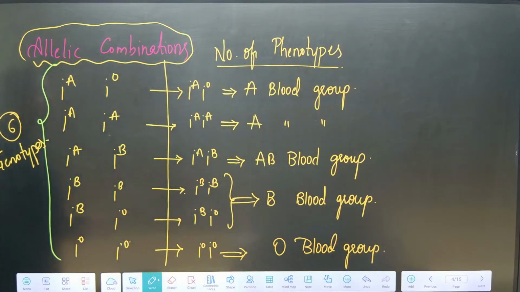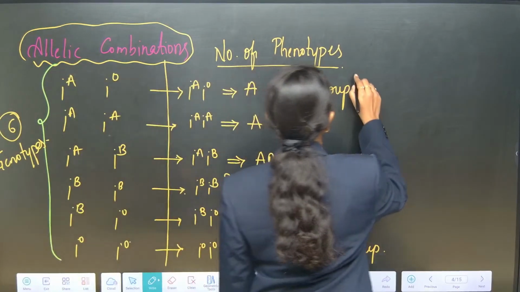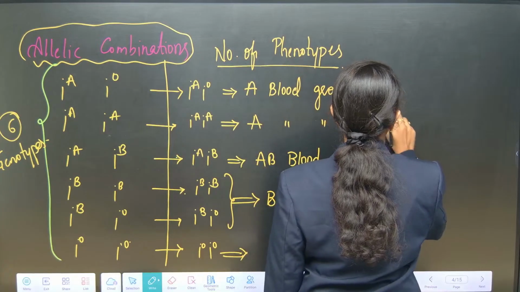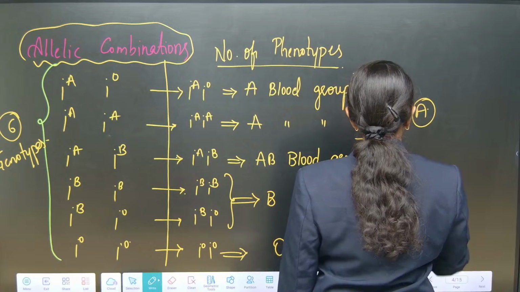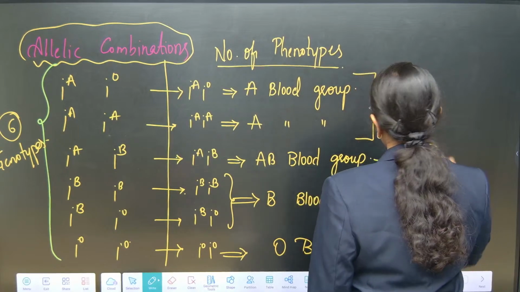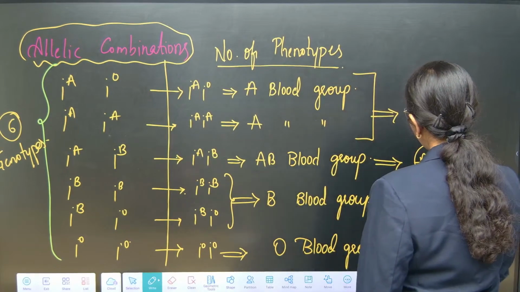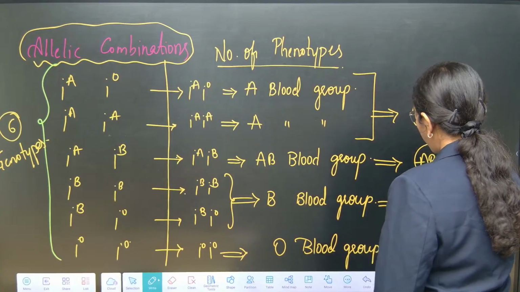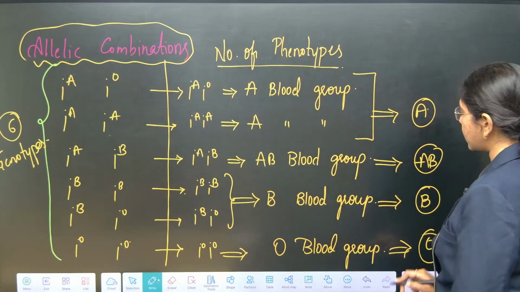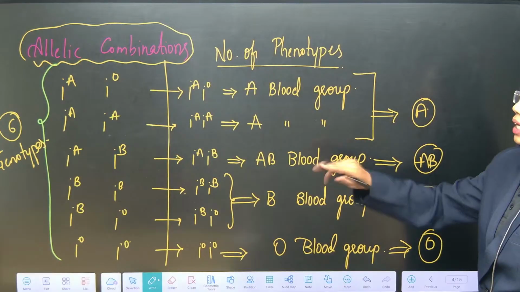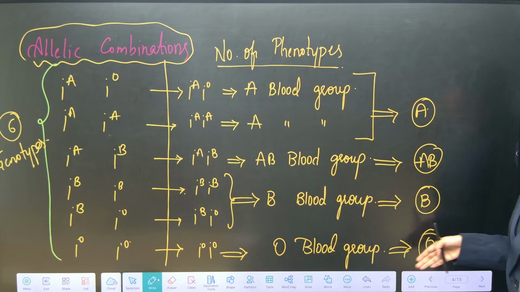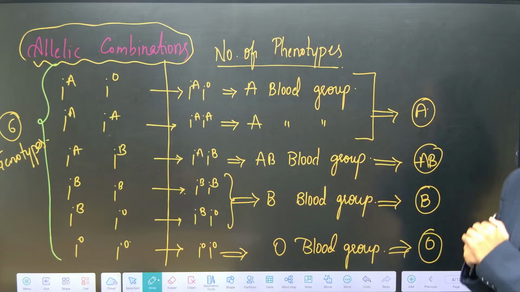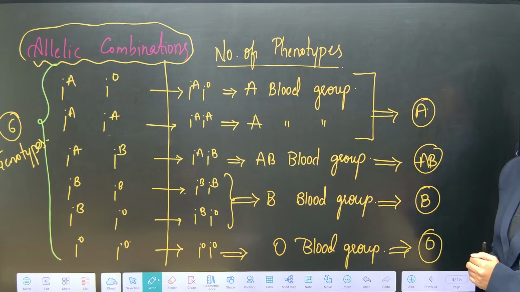Fine, right? So we have 4 phenotypes here, A followed by AB followed by B followed by O blood group. As such, total 4 phenotypes and 6 genotypes. Clear? So amongst these 4, which is exhibiting the feature of codominance?